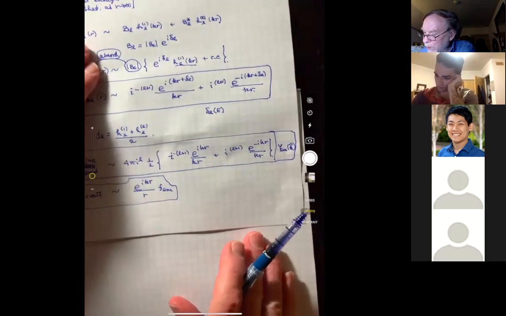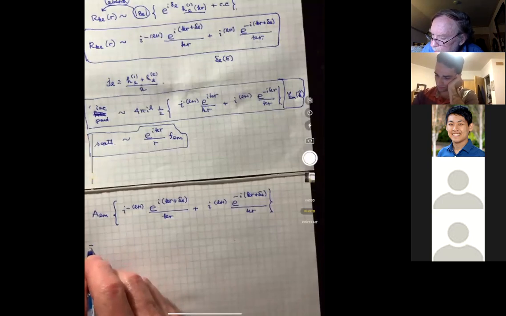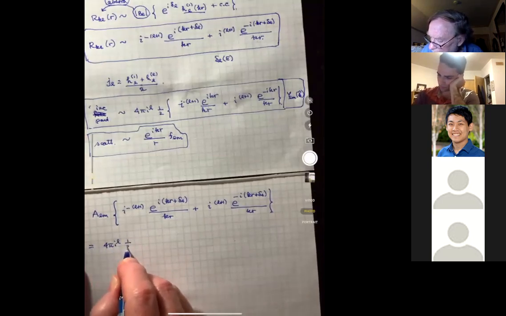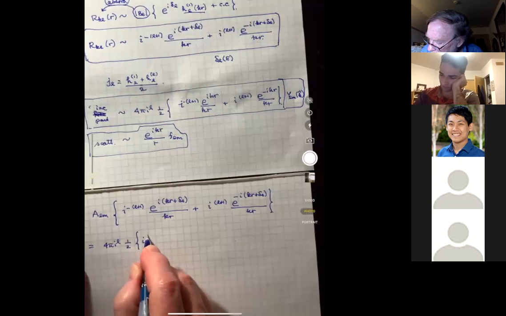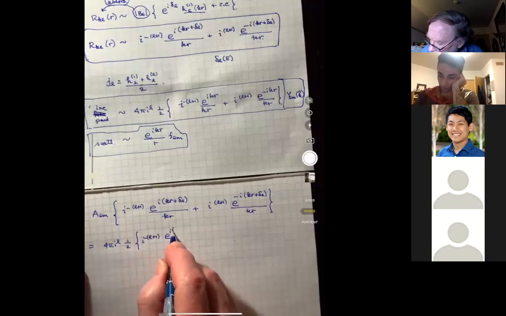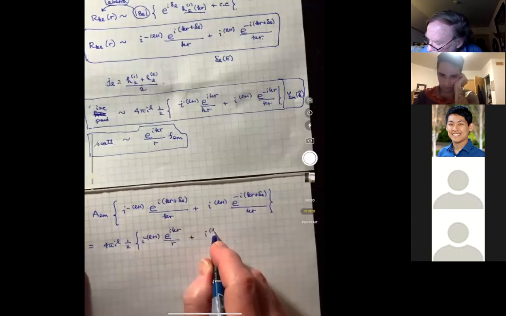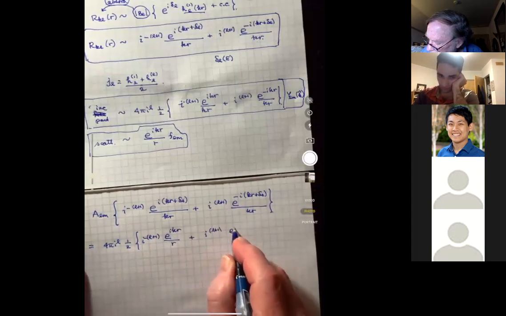So let's put this into our equation. This then becomes equal to 4 pi i to the L times 1/2 times i to the minus L plus 1 e to the i kr over r plus its complex conjugate i to the L plus 1 e to the minus i kr over r.